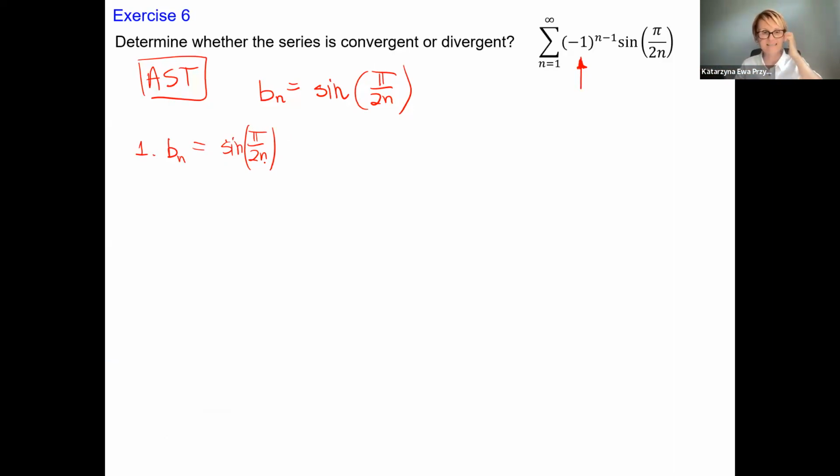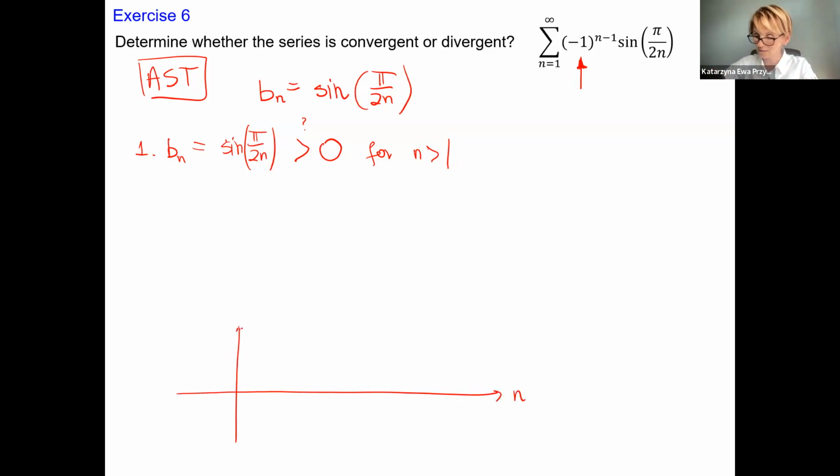When n is greater than 0, still a question mark. For n greater than 1, yes, starting from 1. What we can do, maybe, if this is n, this is b sub n, because this is a sine function. Yes, the sine function looks like this.